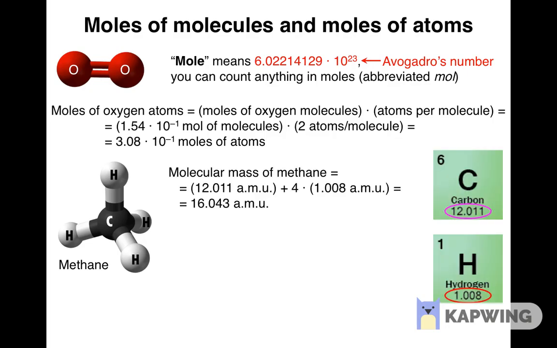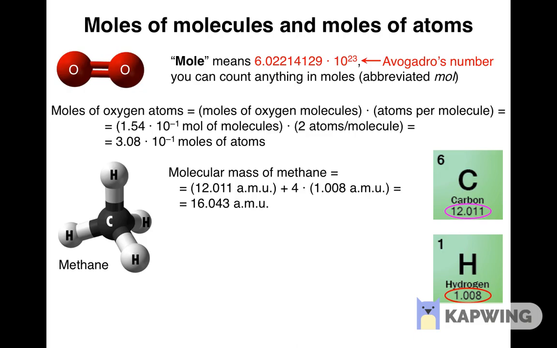So the molecular mass of methane is the atomic mass of carbon plus 4 times the atomic mass of hydrogen, because there are 4 hydrogen atoms. And if we look at the periodic table and find the atomic masses for carbon and hydrogen, we will find that the molecular mass of methane is 16.043 atomic mass units.